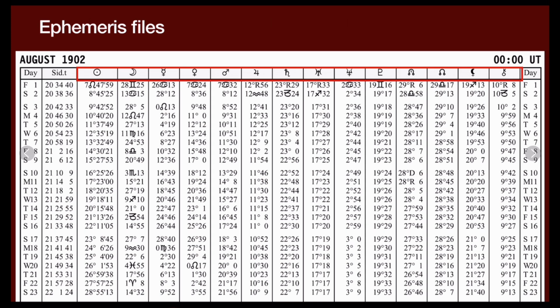Now there can be different symbols representing the same planet depending on the source of your information, so you've got to keep a lookout for that. On day one, the top row, you'll see more symbols.